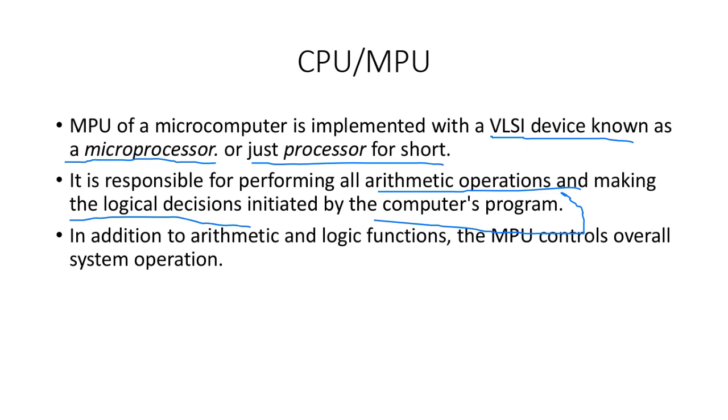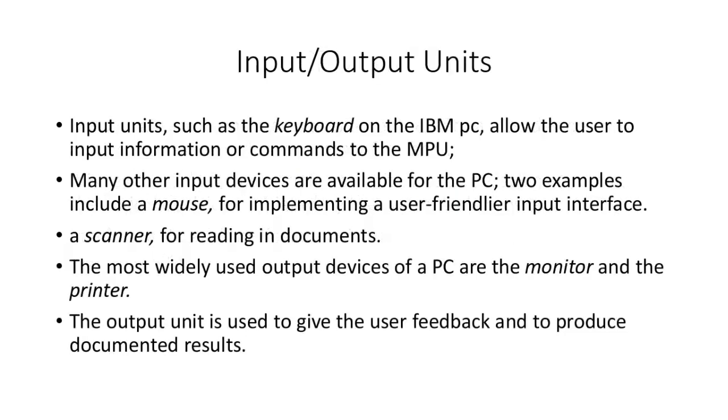In addition to arithmetic and logic functions, the microprocessor also controls the overall system operation. It also coordinates all the things. And input and output units, we already know them. An input unit like the keyboard on an IBM PC allows users to input information or commands to the microprocessor unit. Many other input devices are available for PC.